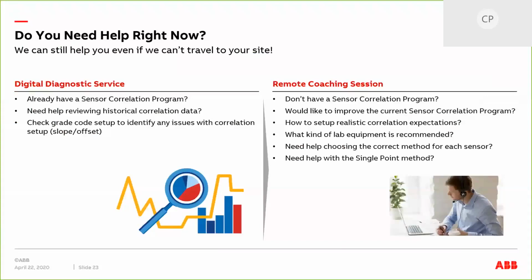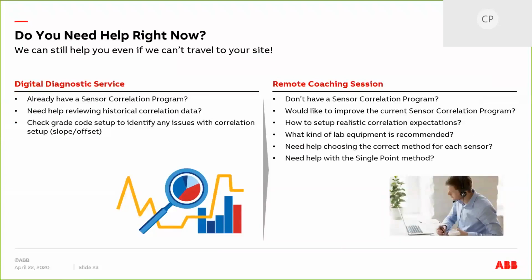One of the big issues I see is that when people are recording the correlations, they like to record only the value from the sensor and the value from the lab. That deals with the process values and not the standard values. But to actually do a correlation, you need the standard values.